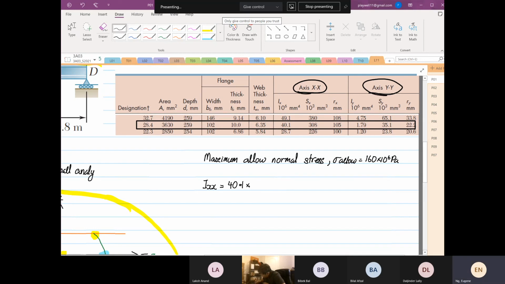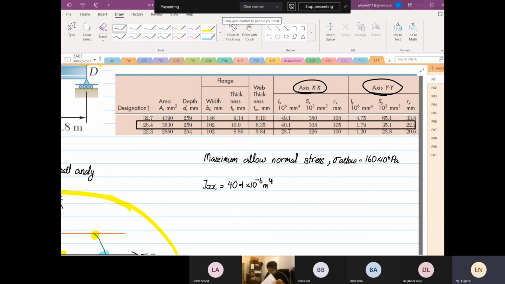Change everything to meters at this stage. Now one thing I want you to highlight is this particular term over here, which is SX.